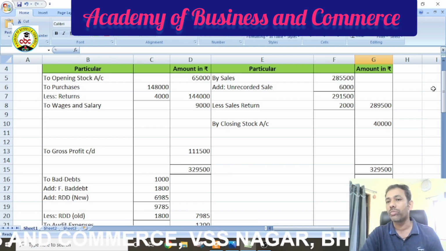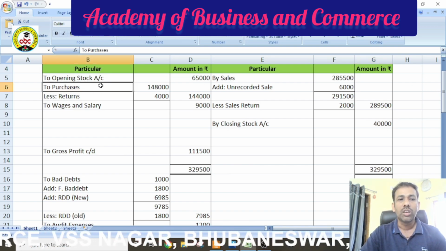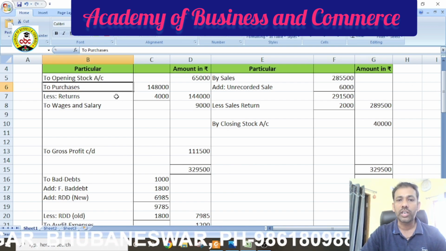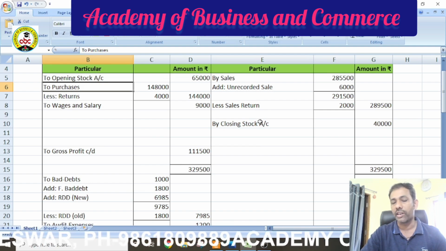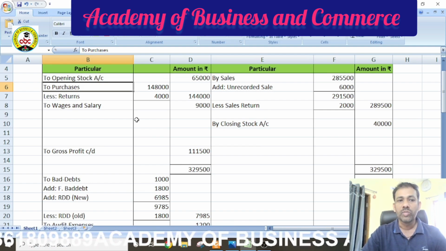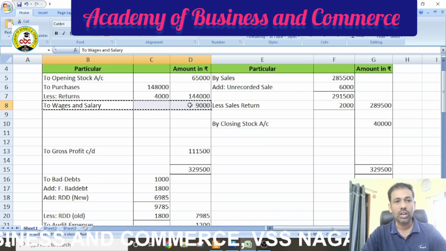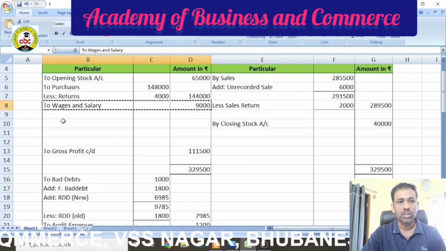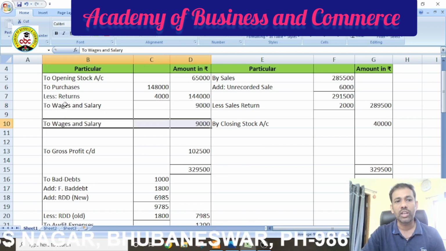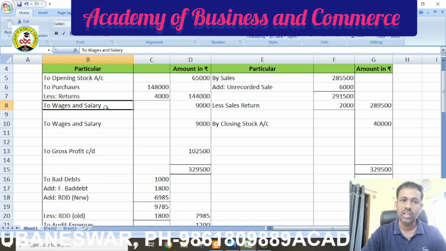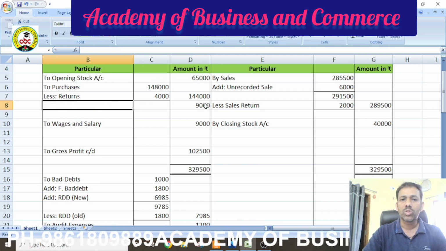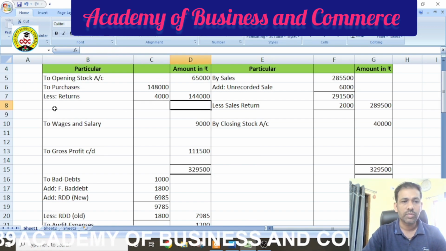It may be deducted from the purchases on the debit side of the trading account, or otherwise you can put it on the credit side. The effect is the same. So it is given out of the purchases, and we have to deduct it. If you deduct it from the credit side, then that is okay also. So I have created the space.